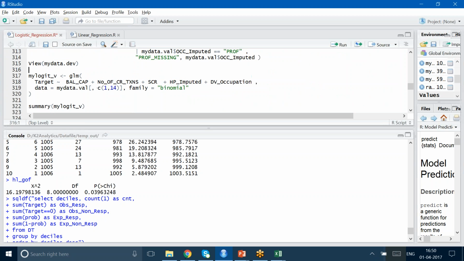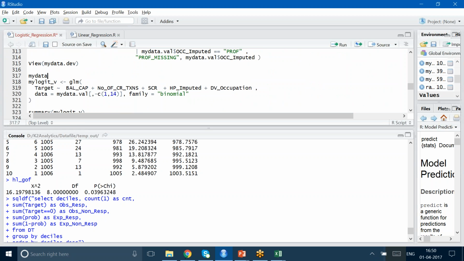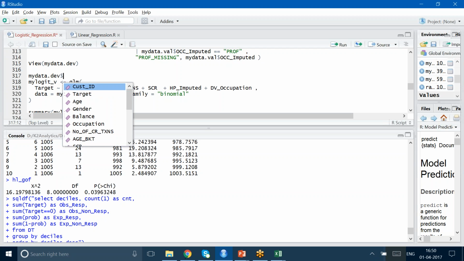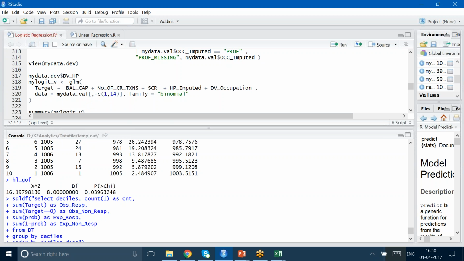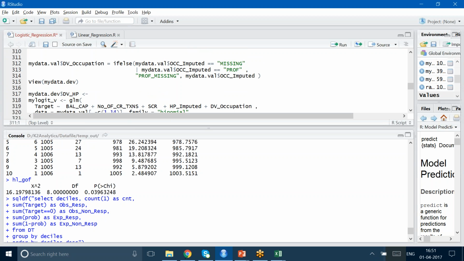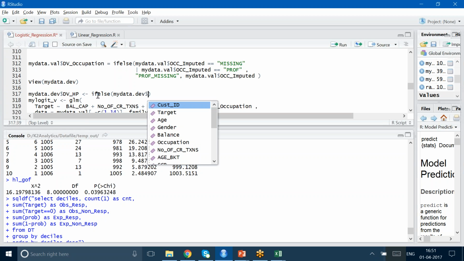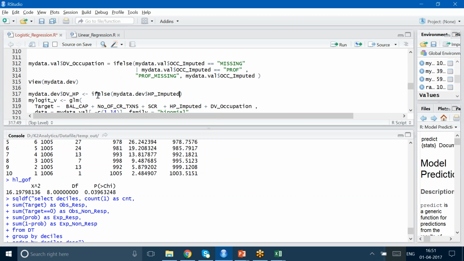So now my data dot dev dot dv holding period is equal to if else my data dot dev dollar holding period imputed greater than or equal to 18, else dev dollar holding period imputed.